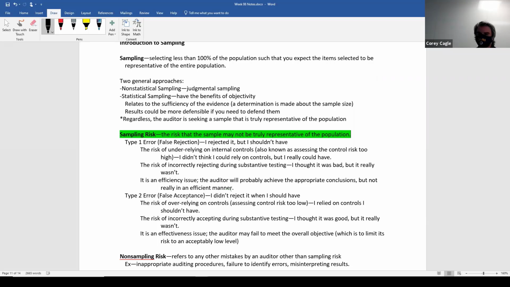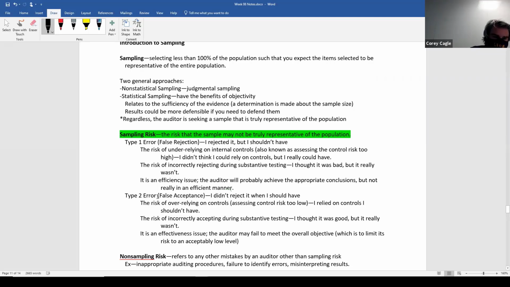If I had not done this sample and I just tested everything in the population, I would have come to a different conclusion. With this type of error, you think they're bad, but they're really good. With substantive testing, you think the number's bad, but it's really a good number, right?